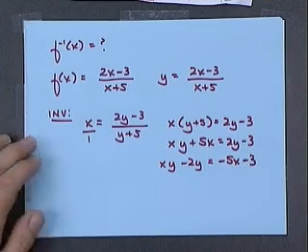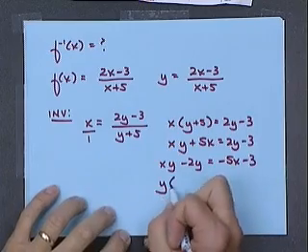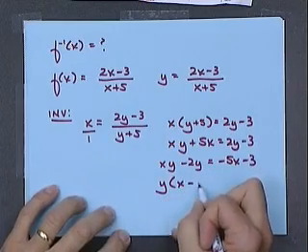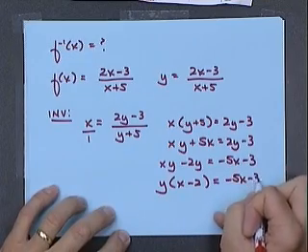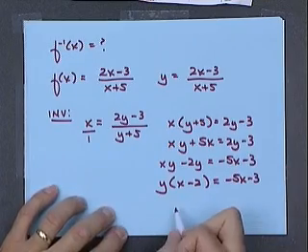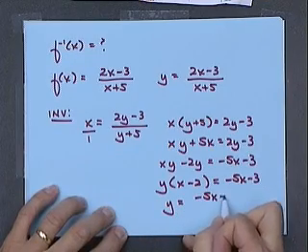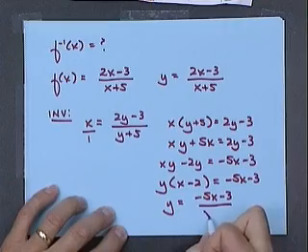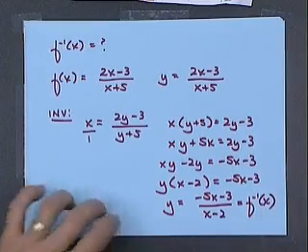Minus 3. Take out a y. It's in there x times. It's in there minus 2 times. Good. Divide by x minus 2. So there's f inverse.